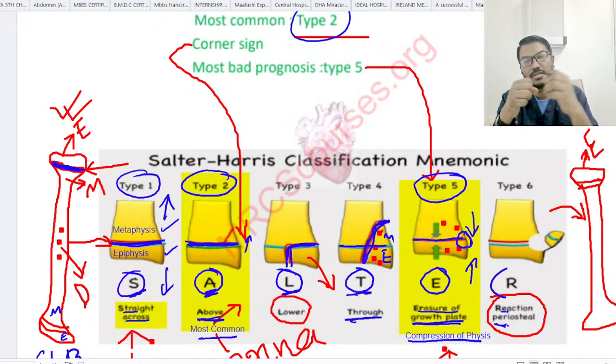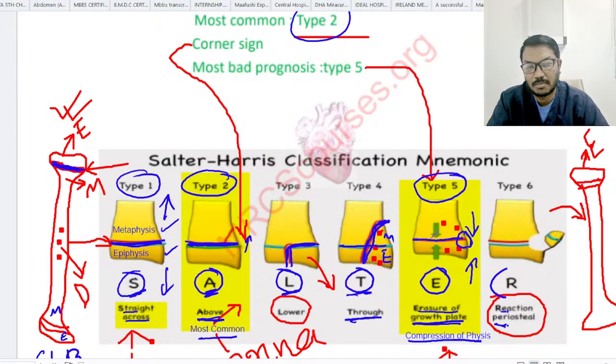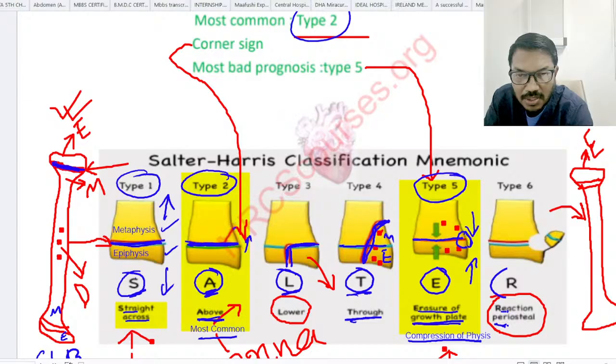The growth plate slowly converts into solid bone, and in this way the bone increases, or any child increases in length. But if there is any injury to the growth plate, then it is a very bad prognosis. Corner sign: there will be like a corner, you can see it like a cone. This is the corner sign.